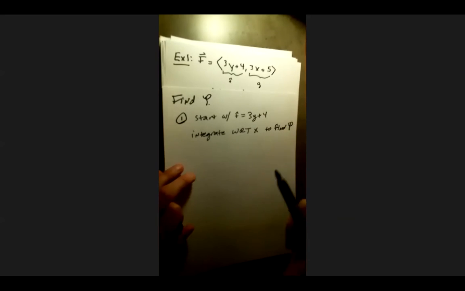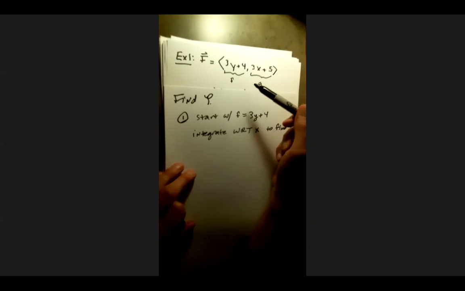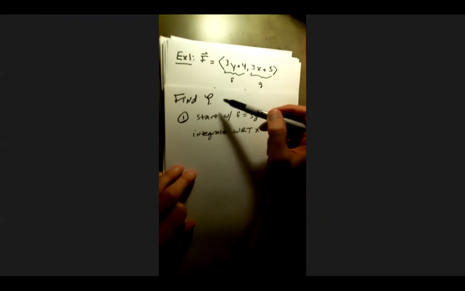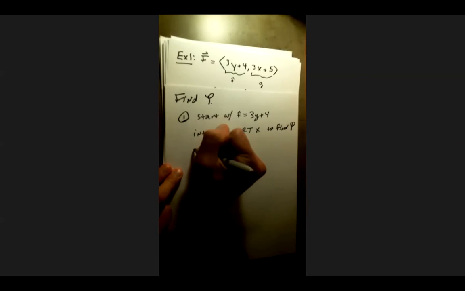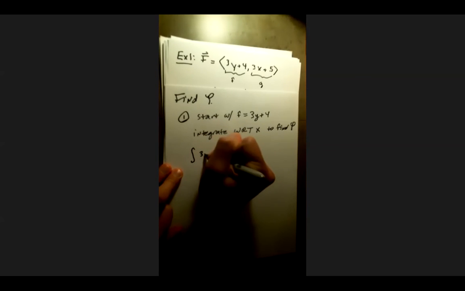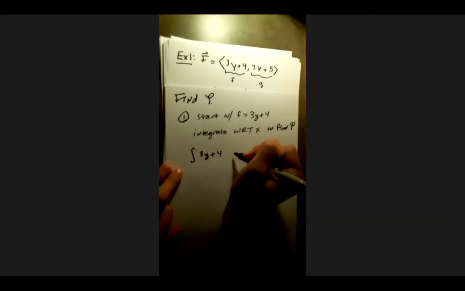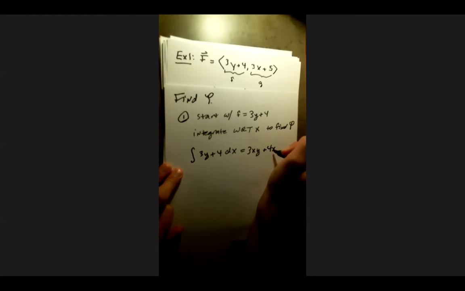Remember, a gradient is like a derivative, so if you want to find the potential function, you need to anti-differentiate. So we integrate 3y plus 4 with respect to x, and we get 3xy plus 4x.